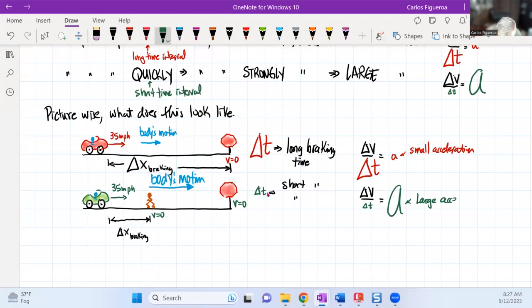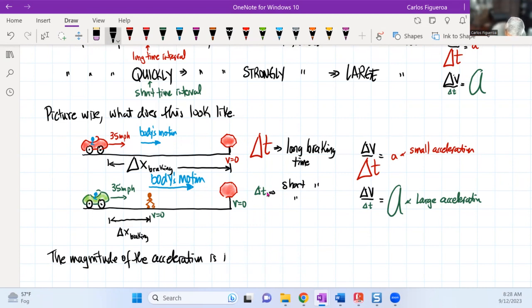So you can judge the magnitude of the acceleration, right? The magnitude of the acceleration is indicated by the forward motion of your body.